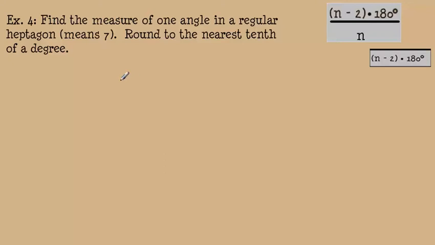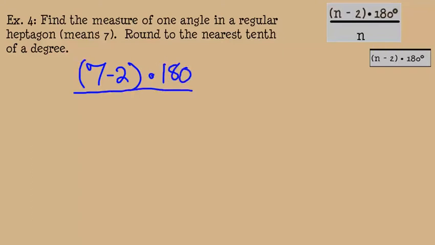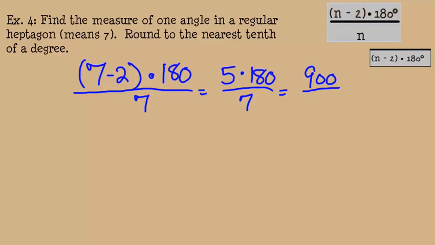One more. Find the measure of one angle in a regular heptagon. Heptagon means 7 sides. It says round to the nearest tenth of a degree. Make sure you're doing that. So I'm going to take 7 sides minus 2 times 180 divided by 7 equals 5 times 180 divided by 7. 5 times 180 is 900. I'm going to divide 900 by 7.